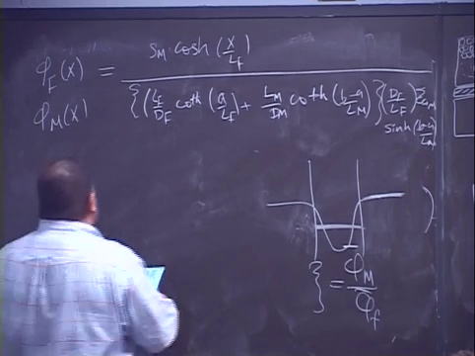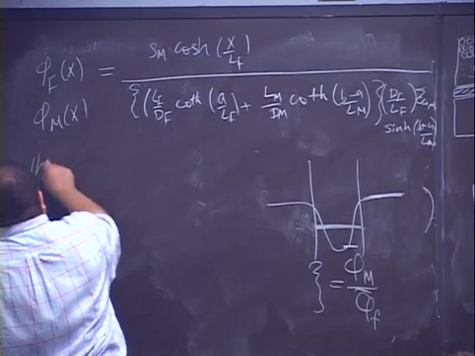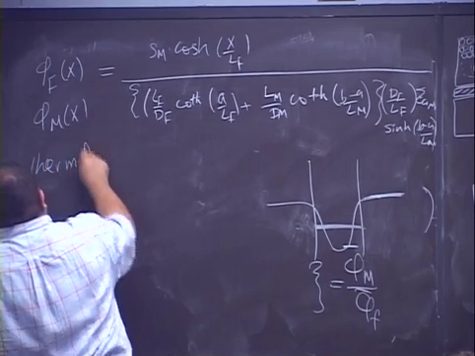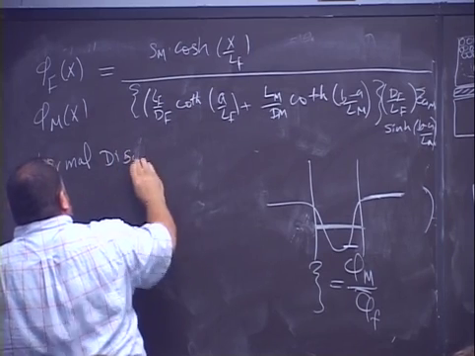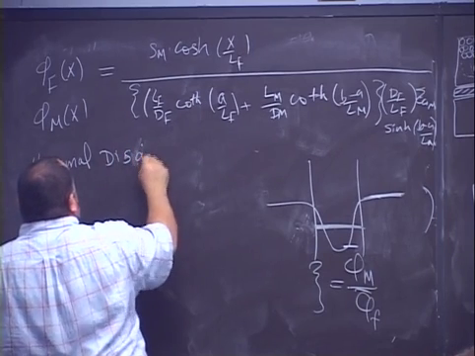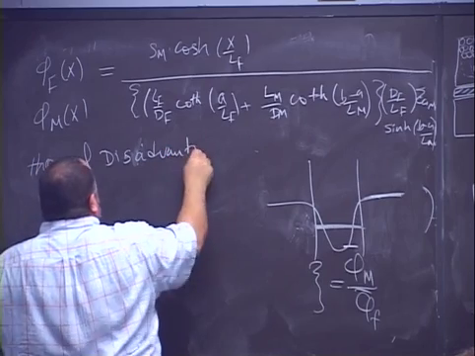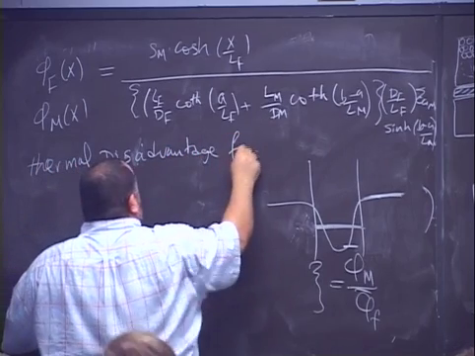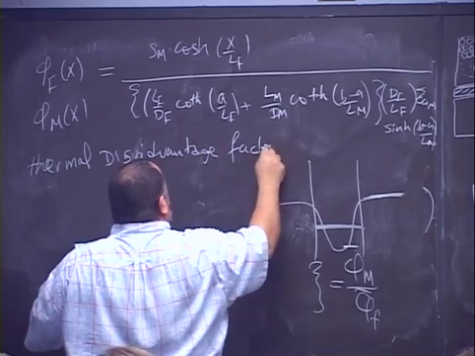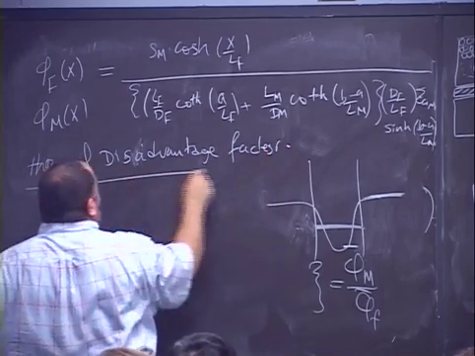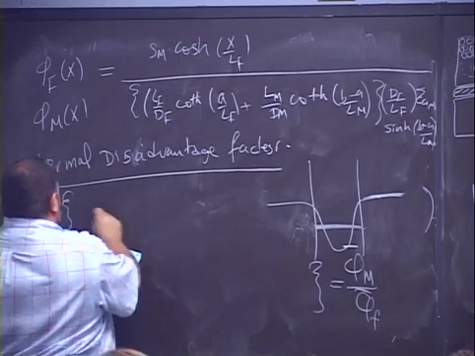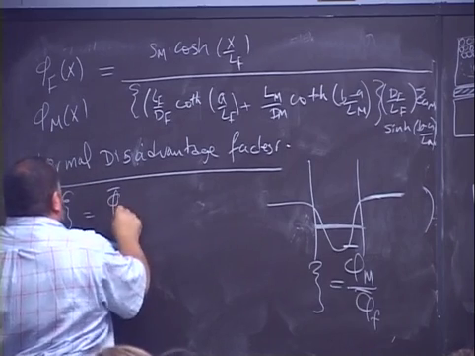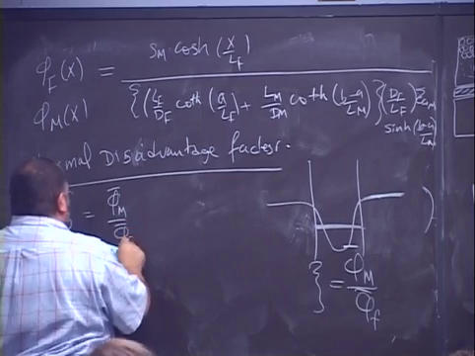And this is the definition of the thermal disadvantage factor. So if I ask you in the exam to find the thermal disadvantage, you will tell me that this is ζ, and this is φ average in the moderator over φ average in the fuel.